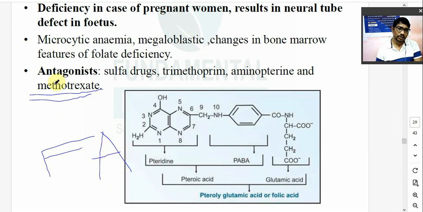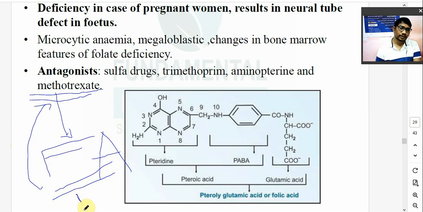So in case of methotrexate toxicity, folinic acid is used as an antidote, and that use is known as methotrexate rescue. When methotrexate toxicity occurs in the body, its antidote is folinic acid. What do we call folinic acid? Leucovorin, citrovorum factor. So that is a folinic acid rescue, methotrexate rescue.